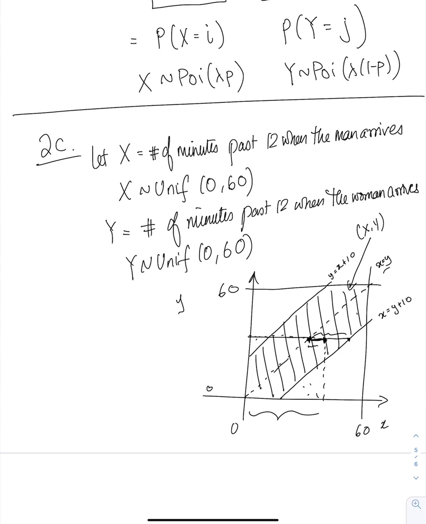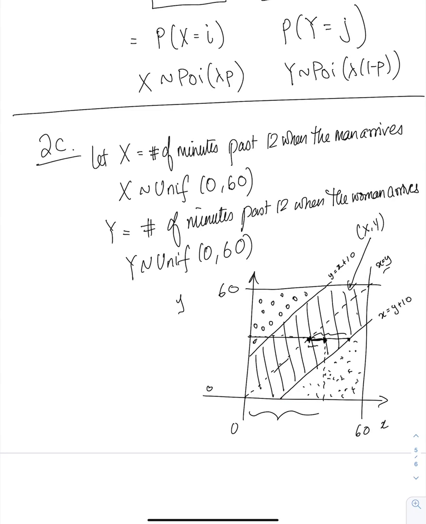However, if the arrival time is in this dotted region or in this region with circles, what happens? If the arrival time is in this dotted region, it tells you that the woman has to wait more than 10 minutes.